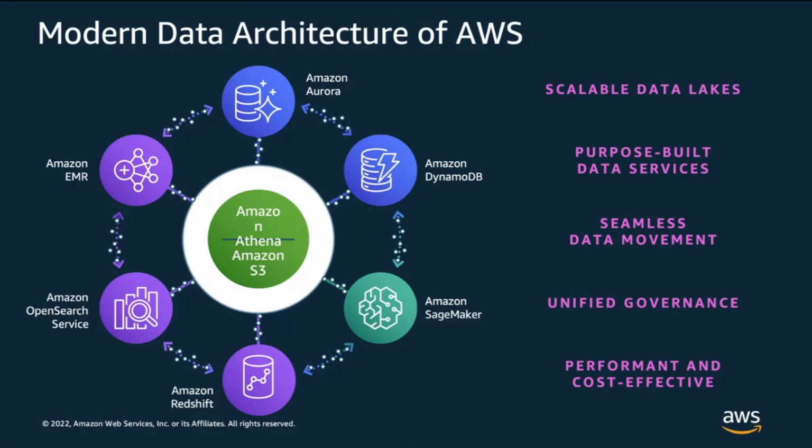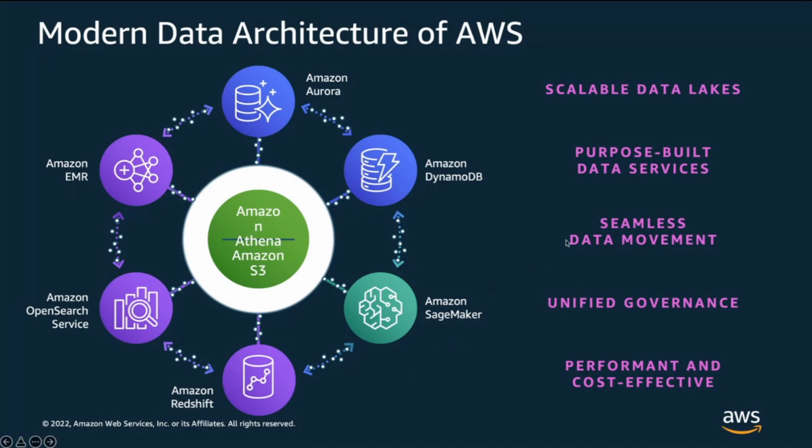It's easily scalable. You don't have to worry about how it will be integrated with other services like purpose-built databases, machine learning services, or warehouse services. Number three is that it has seamless data movement. You can use Glue serverless to create a data pipeline and move the data between two services. It's very seamless, and you can easily achieve your integration goals between multiple ecosystems of AWS services.